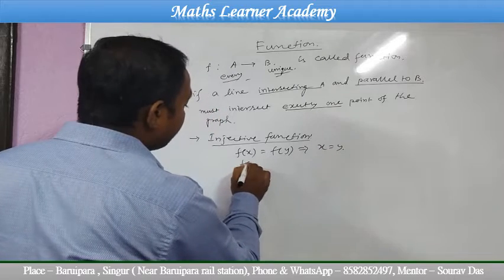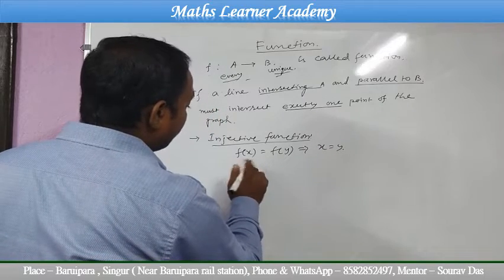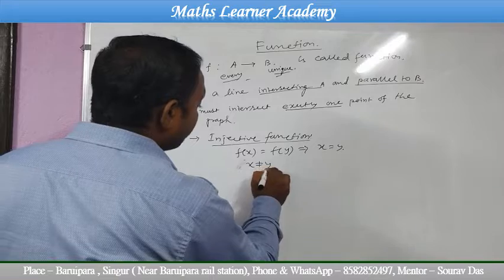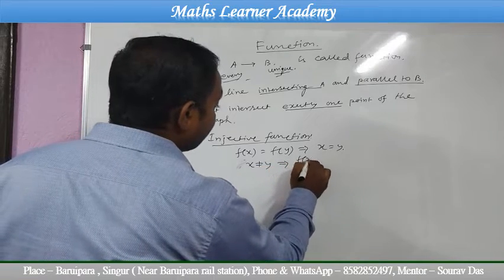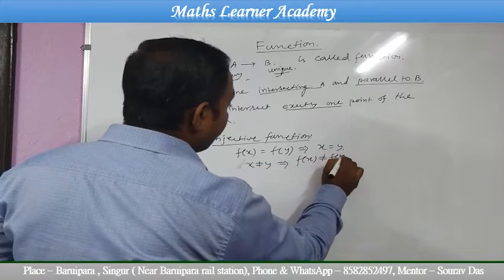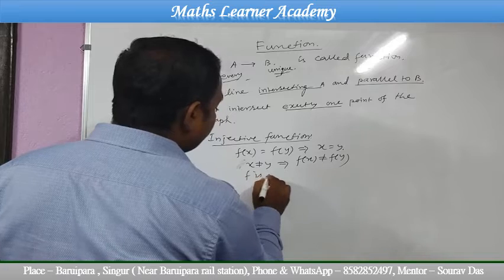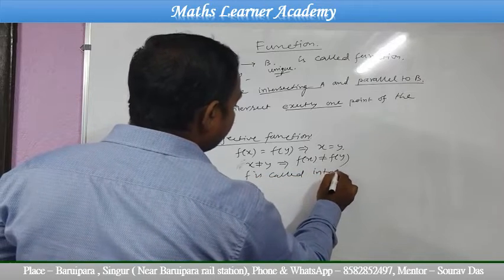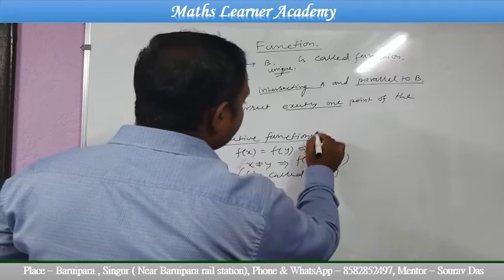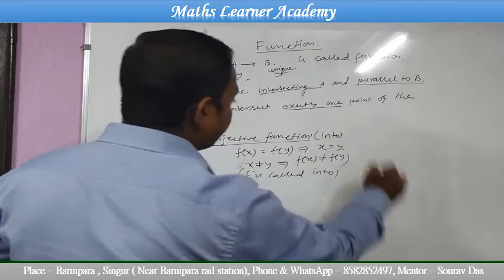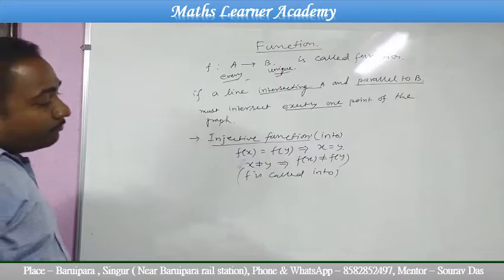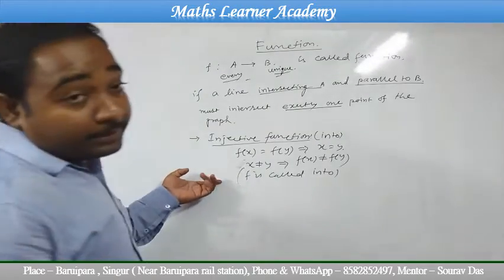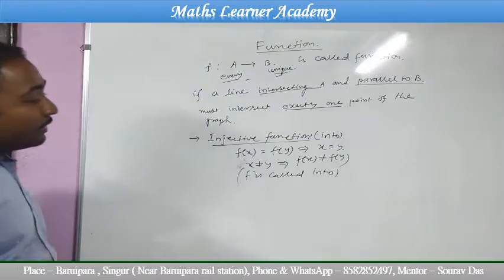Or contrapositively, you can say that for two distinct points x not equal to y, if this implies f of x not equal to f of y, then f is called injective or one-to-one function. Right? The same thing. So now I will interpret it using the geometry.